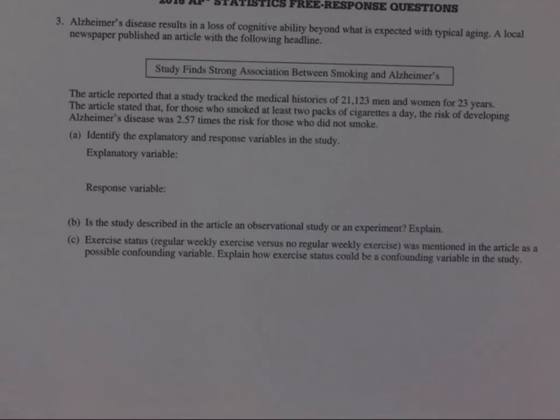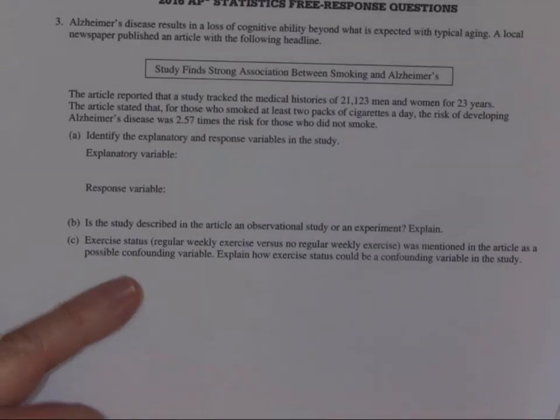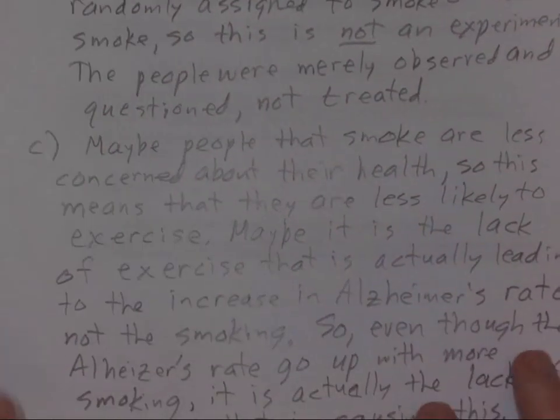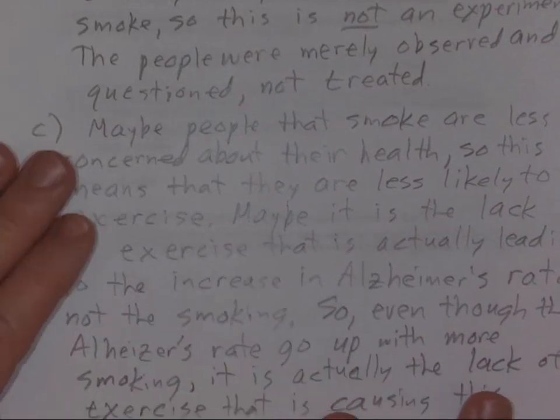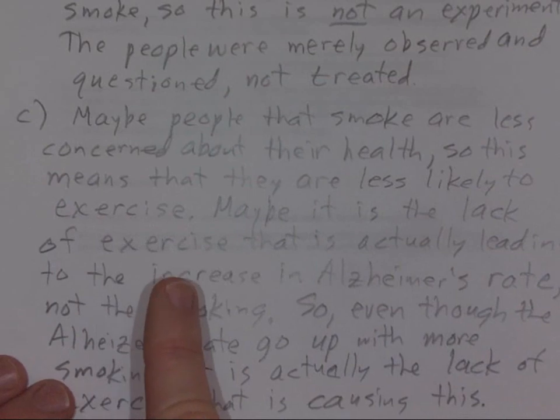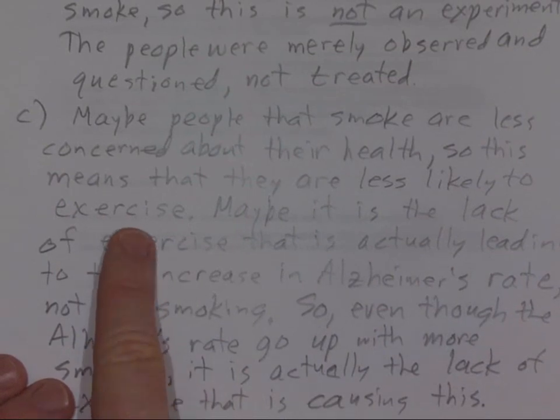And then thirdly, this exercise status was mentioned in the article as a possible confounding variable. Explain how exercise status could be a confounding variable in the study. So this is what I said. Maybe people that smoke are less concerned about their health, so that means they're less likely to exercise.